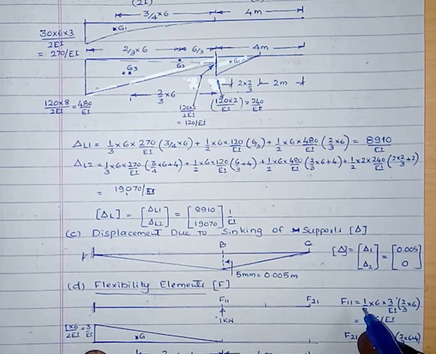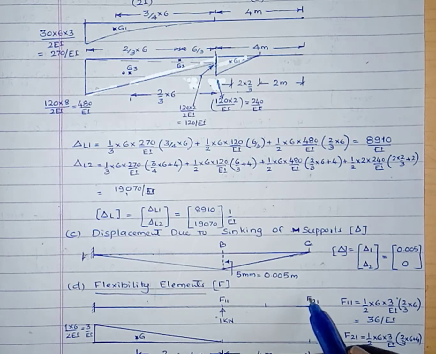Here F11, the flexibility element at 1, or the displacement at 1 due to the unit load applied at 1, is given by the moment of the M by EI diagram between this point and this point, that is F11 equals half of the base width 6 into ordinate 3 by EI into centroidal distance, that is 2/3 of 6, which is 4 meter. Then after simplification F11 equals 36 by EI.